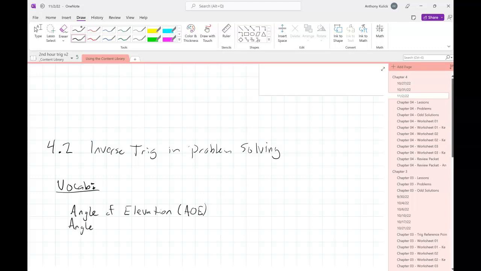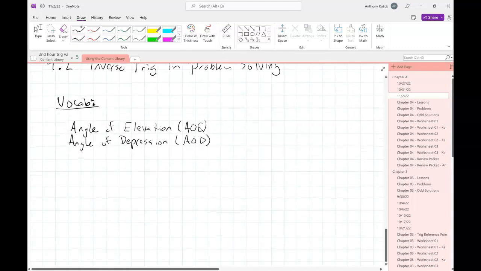And the other is angle of depression. That would be AOD. Everybody okay with that?